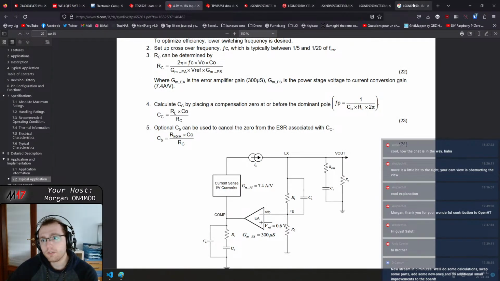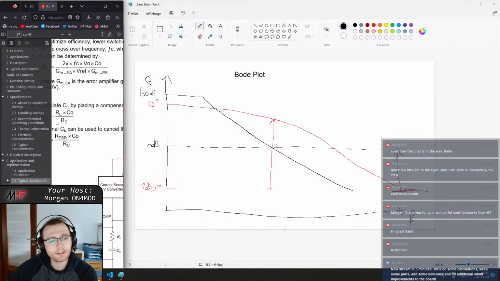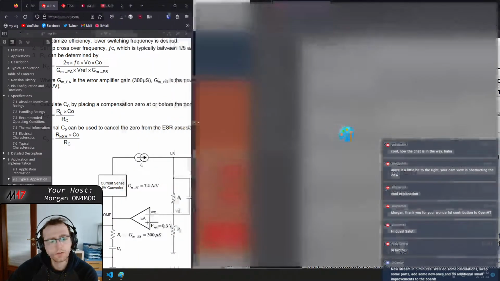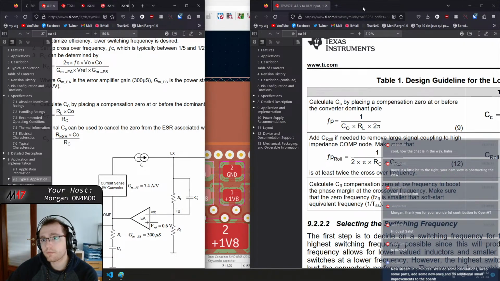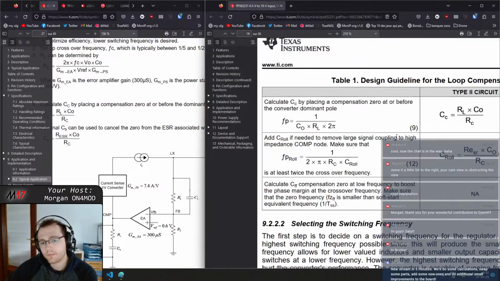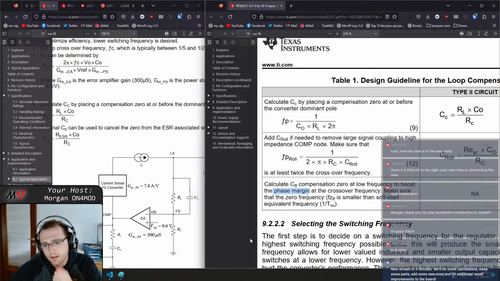Okay, so let's have a look at the data sheets again. Okay, so the phase margin at the crossover frequency, it's this value. We want it to be high, usually about 45 degrees, I think.